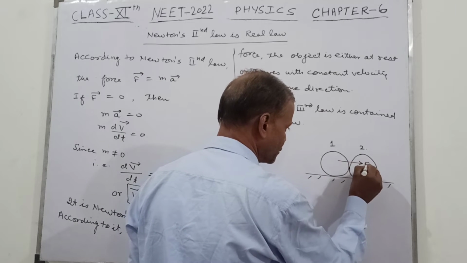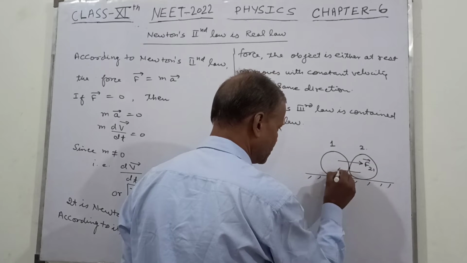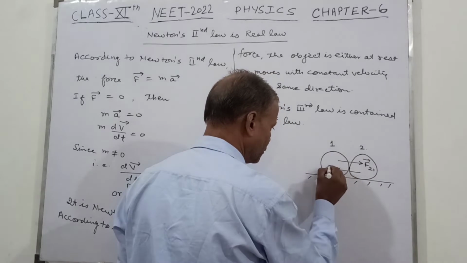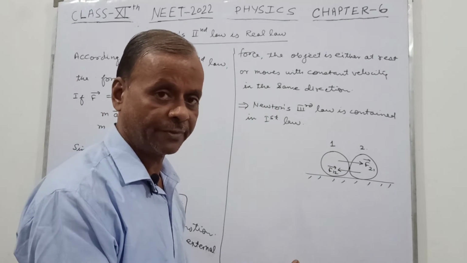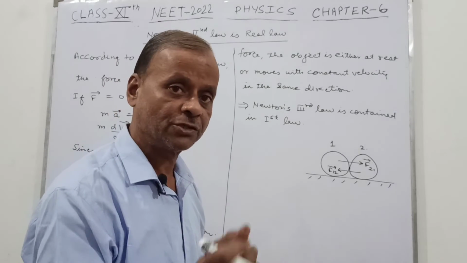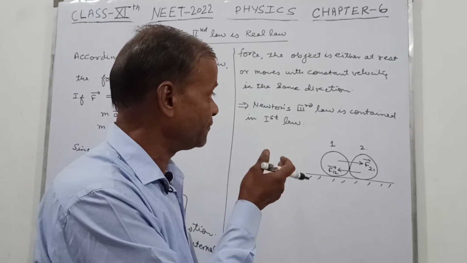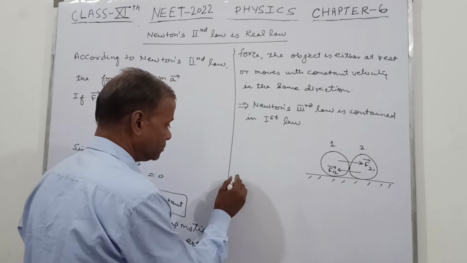This is force F21, this is force F12. F21 is the force on the second by the first. F12 is the force on the first by the second. So the net force on this system is 0 according to Newton's first law.